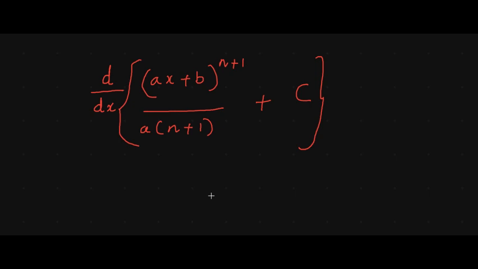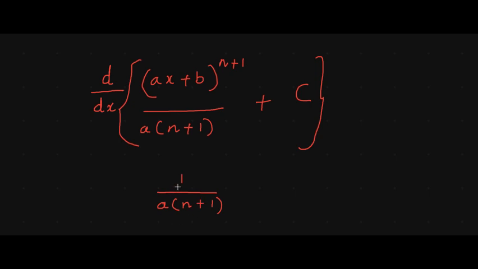We're going to find the derivative of this whole thing, and then we can find out if dy by dx is (ax + b) to the power of n. So the result I need to get is (ax + b) to the power of n. In the initial part, 1 by a(n + 1) is all a constant.